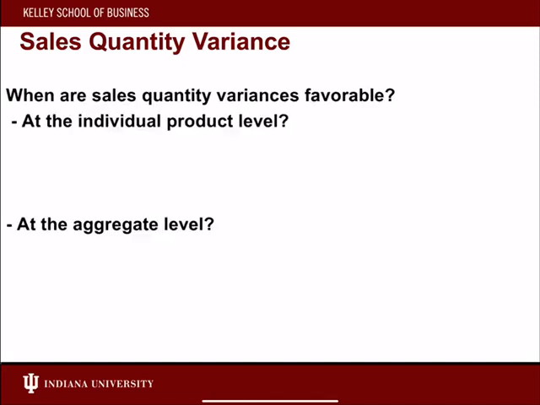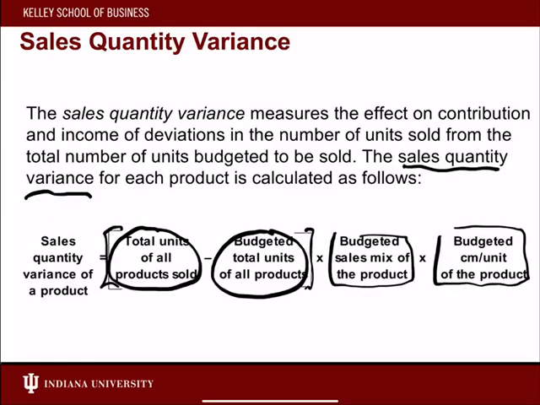So this one's a little more straightforward. So let's go back one and let's break down this equation. The sales mix, this is always going to be a positive number. Contribution margin, hopefully this should always be a positive number. And so the only thing that would make a favorable or unfavorable change in sales quantity variance would just be if we sold more or less overall goods than anticipated.